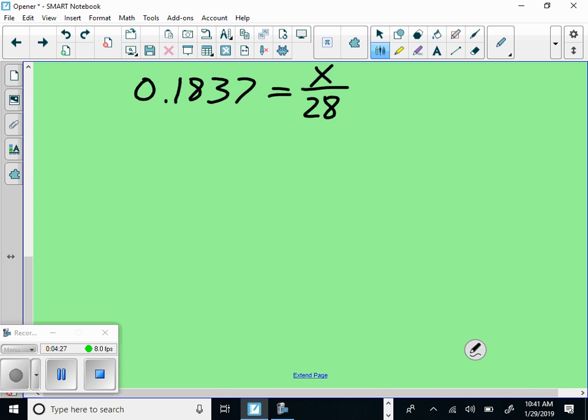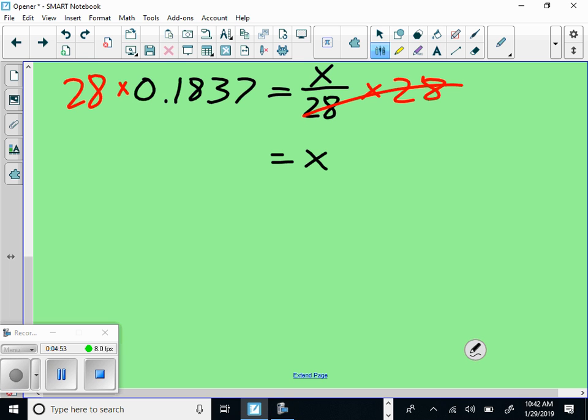Now, the numbers don't really mean much here, but we're going to have to be able to solve this kind of problem over and over and over again. The nice thing is, it's really simple. This says that x divided by 28 is equal to this decimal. So if we want to get x by itself, we've got to get rid of this divided by 28. So we would simply multiply both sides by 28. In this case, on the right, they simply cancel each other out.